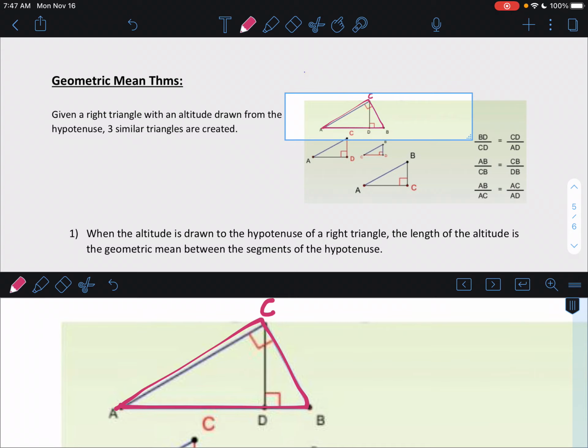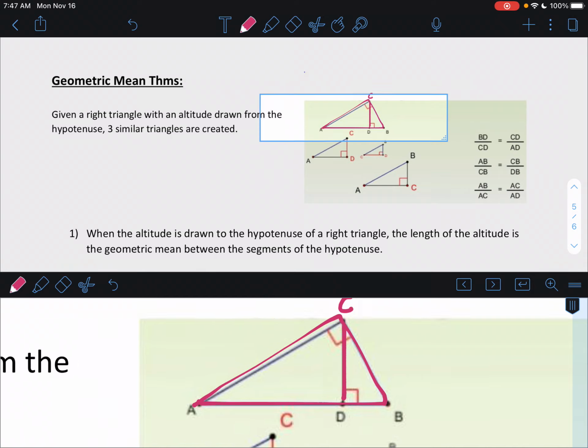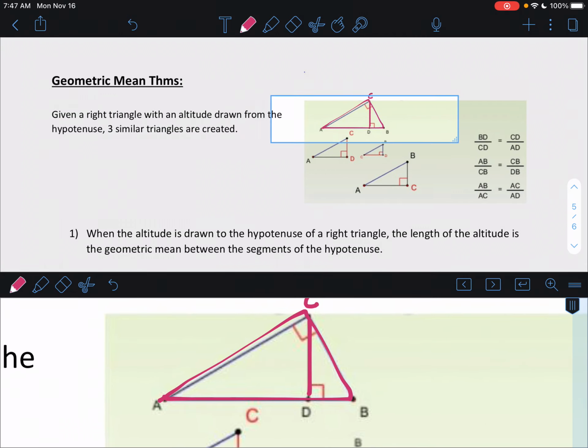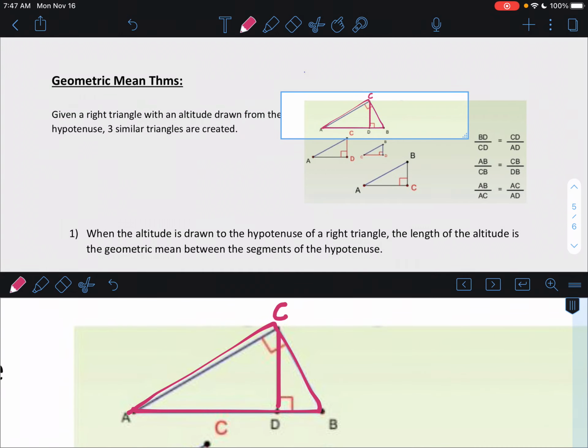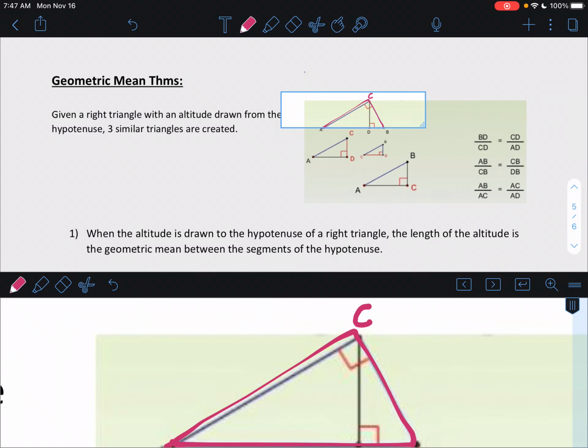And we have this altitude DC drawn in. We know it's an altitude because it forms a right angle and goes to that point C. And it specifically has to be an altitude from the hypotenuse. The hypotenuse of ABC is AB because it is across from the right angle of that triangle.